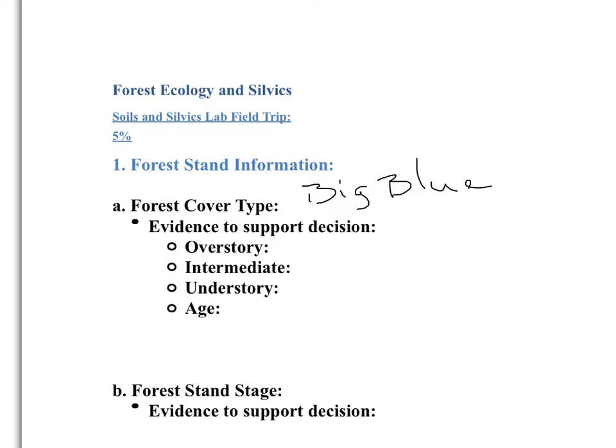Evidence to support the decision, that is information that you should be getting from Big Blue, basically from your readings, telling you this is why it's that species. Okay, we'll go over some of this information in the field when we get there, but overstory information, give me an overview of what the overstory composition is, intermediates and the understory, and relative age. So that's stuff that we'll be gathering when we're on site.